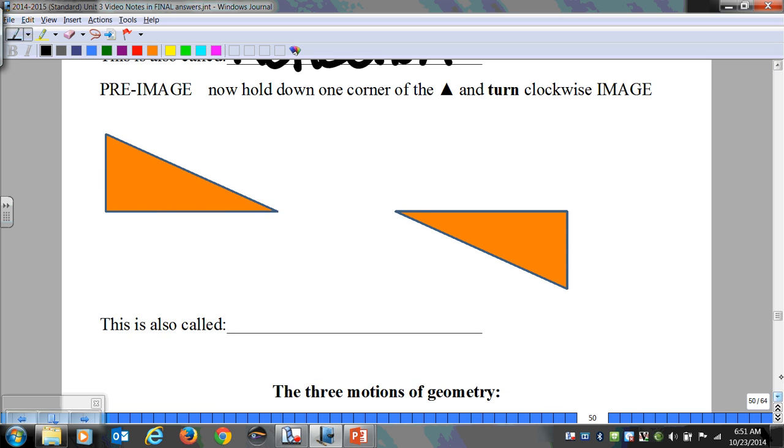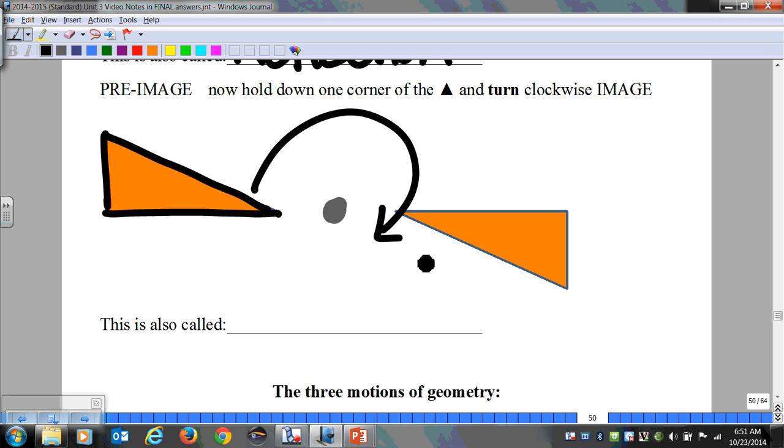Last motion. Now trace this triangle. Now imagine if I had a turning pivot here. That's why there's a circle here. Imagine if you were to pivot around that pivot there. So you're going around a pivot, or a turn as we call that. That's your pre-image on the left and your image on the right.